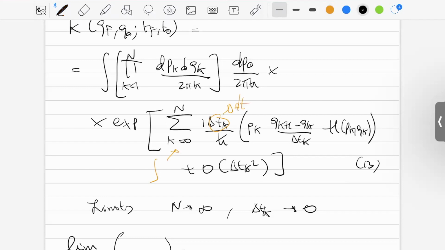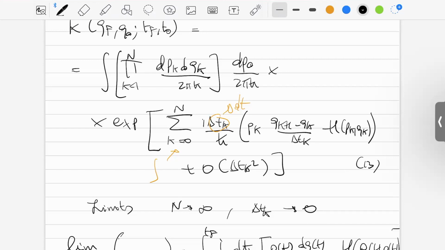So the final result of this limit is an integral from t0 to tf over t, of p of t times the derivative of q with respect to time, minus h, which is a function of p and q.